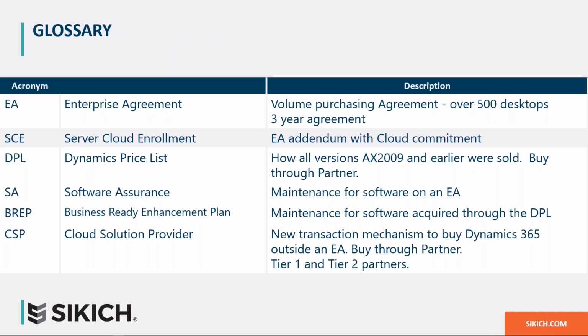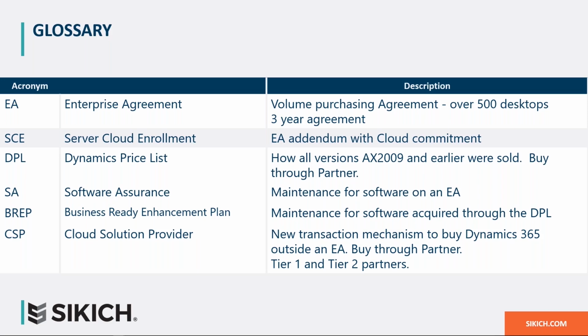Okay, so before we go any deeper into licensing, I just want to spend a little bit of time giving you some definitions. This is what makes licensing hard too, is we have this special list of acronyms. So what the licensing migration is going to mean to you is going to be different depending on how you transacted your purchase of AX in the first place.